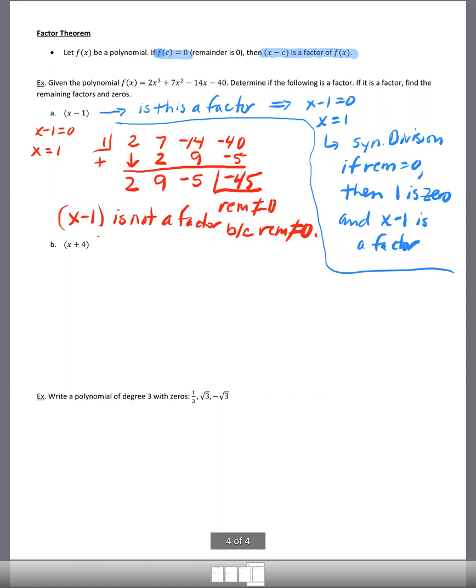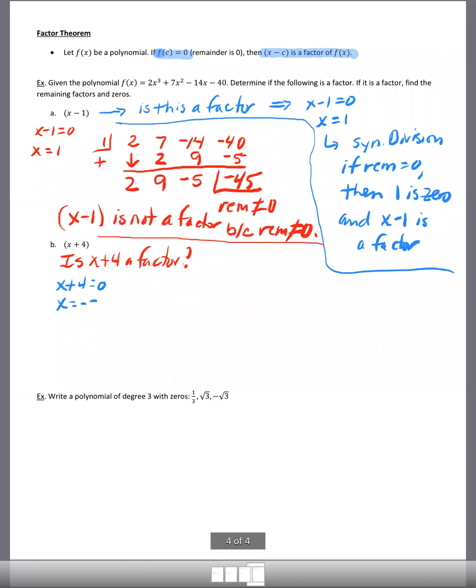Let's look at the next factor that they give us. They want to know the same question. Is this a factor? Is x plus 4 a factor? That's what they're asking us. So if we do the same thing as we did before, let's go in here and let's set x plus 4 equal to 0.